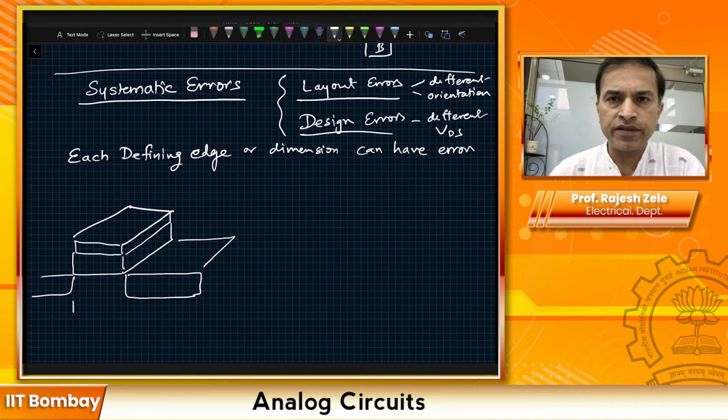So you can have errors in your channel length, you can have errors in your channel width, also you can have errors in your TOX, the thickness of the oxide, and all these will give you different behavior from one transistor to another.